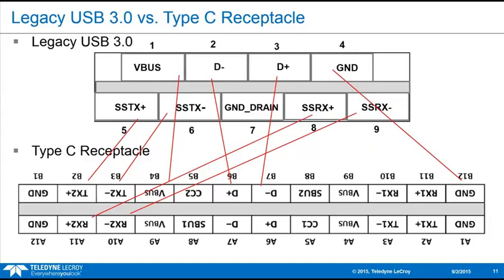Apologies if you didn't see that cool animation, but I'm trying to show that you're basically making the same connections even though it's a different physical pin. So the cable plug is flippable, but all the intelligence is really in the receptacle side.